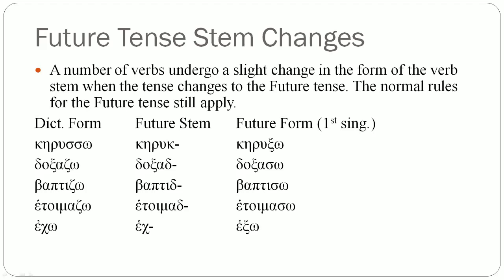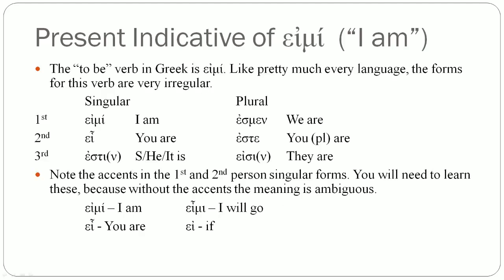Well, the breath mark changes direction in the future tense. All right, if you have the present tense down, the future tense, again, it looks a lot like the present tense. Endings are exactly the same, just put a sigma or a sigma sound on there.